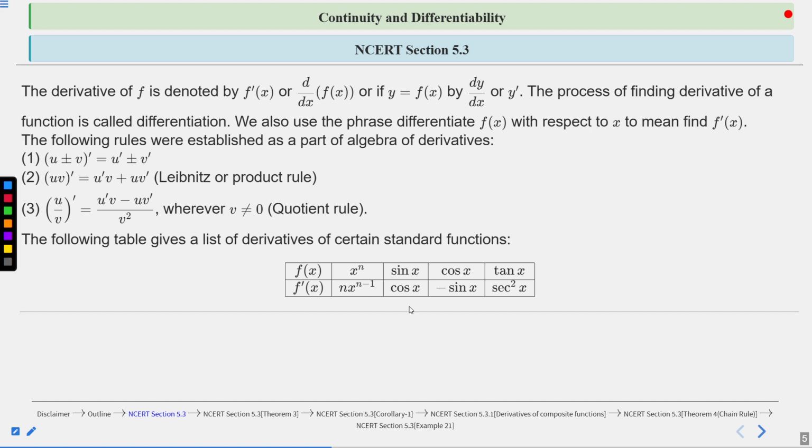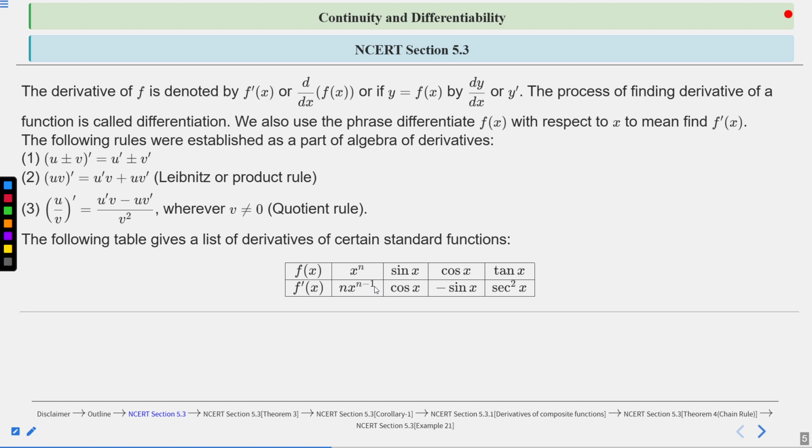If f(x) is x to the power n, then f dash x will be n x to the power n minus 1. Clear? And if f(x) is sin x, then f dash x will be cos x.